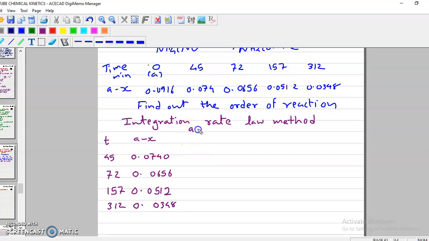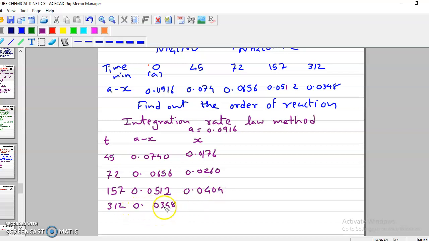In this case, a is equal to 0.0916. That you remember. Now, as you know a and a minus x, you can find out x also. So x for this one will be 0.0916 minus 0.0474, and that is why it is 0.0176. For 72 minutes, 0.0916 minus 0.0656, it will be 0.0260. 0.0916 minus 0.0512, so it would be 0.0404.